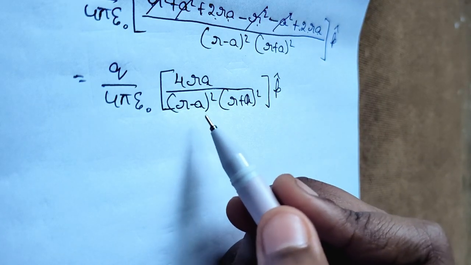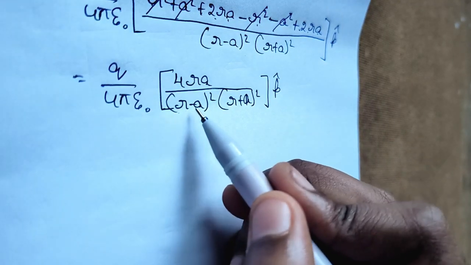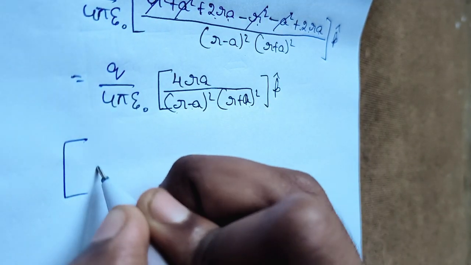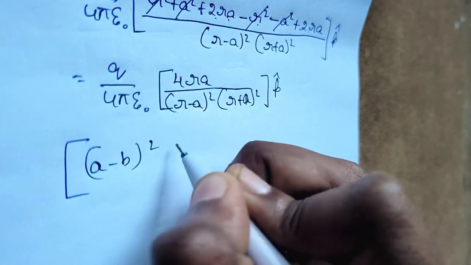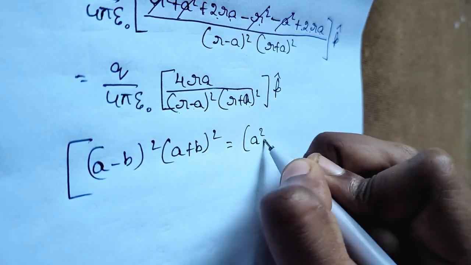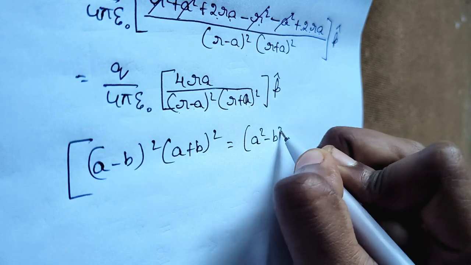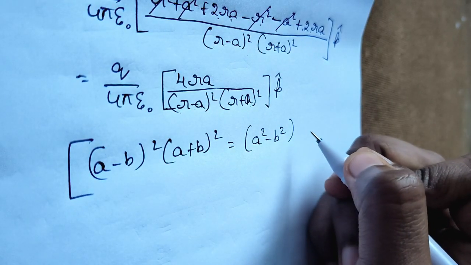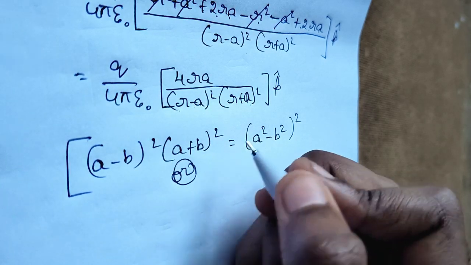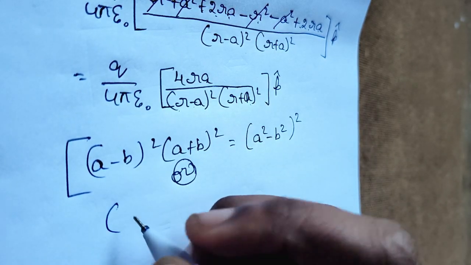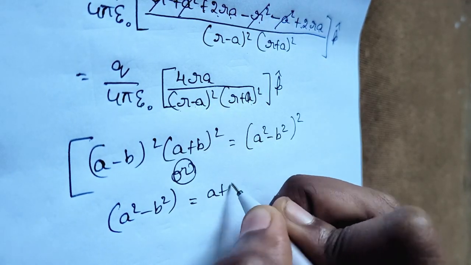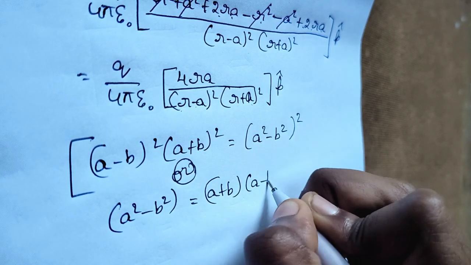Here we can observe that in the denominator we have (r minus a) whole square into (r plus a) whole square. Also we know that (a minus b) whole square into (a plus b) whole square is (a square minus b square) whole square, or in simple form a square minus b square is equal to a plus b into a minus b.